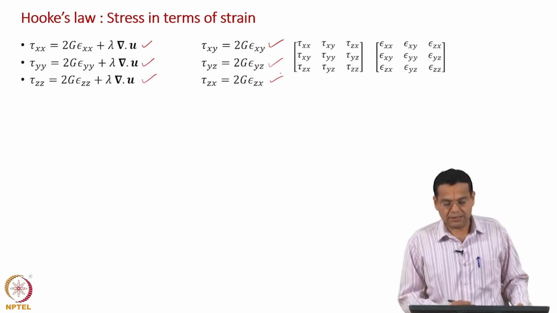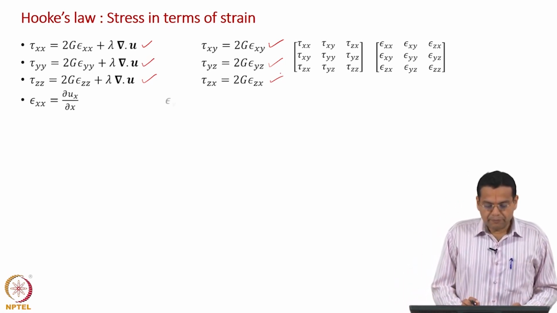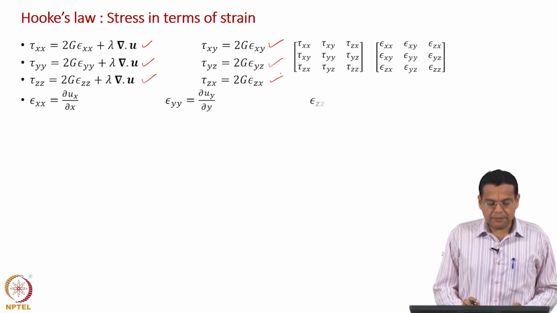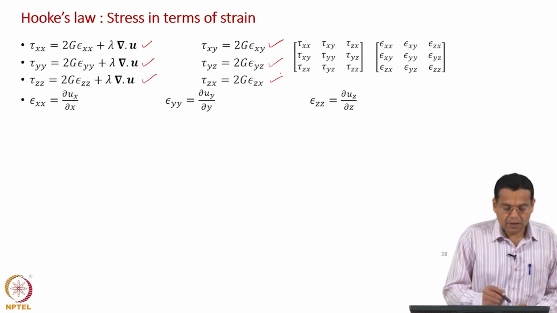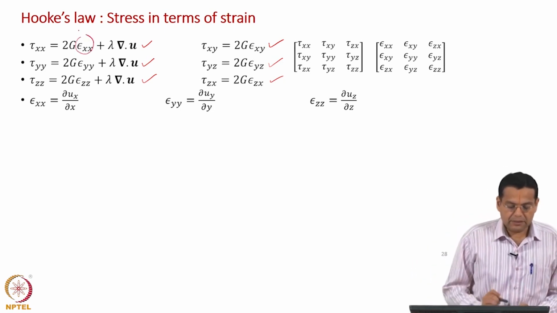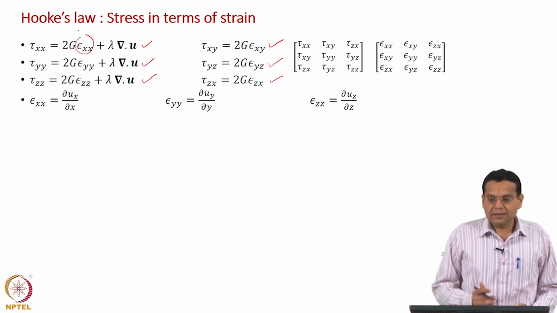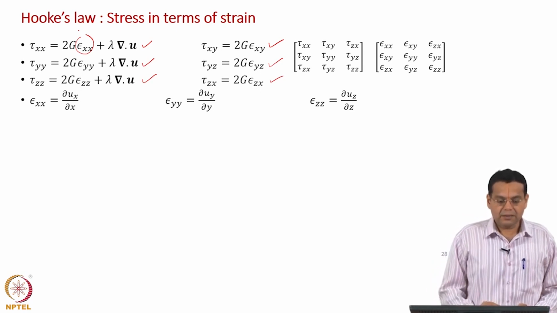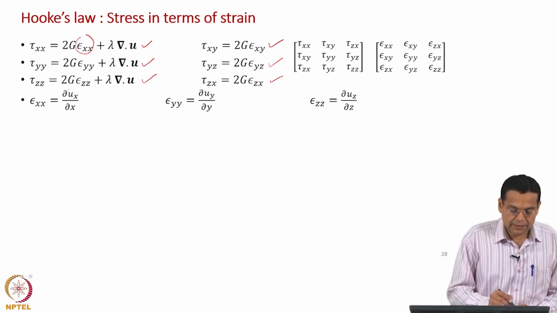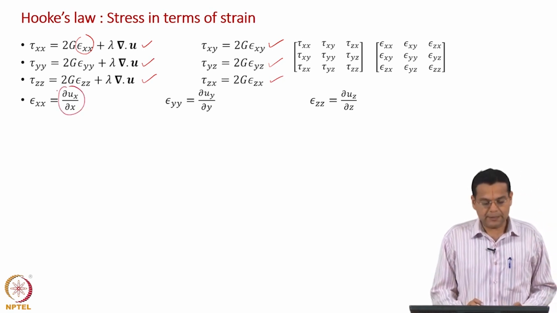Just analogously we can write them. We should know that epsilon xx is the normal strain, but if you stop at calling it normal strain the purpose is not solved, because we have to express it in terms of displacement gradients, then only it is complete. So, epsilon xx is ∂ux/∂x, similarly epsilon yy and epsilon zz.